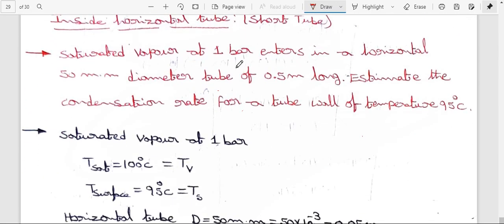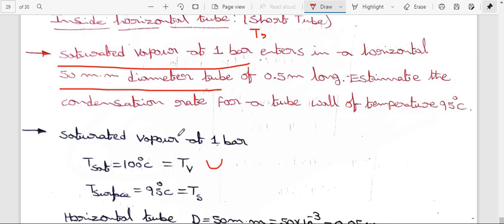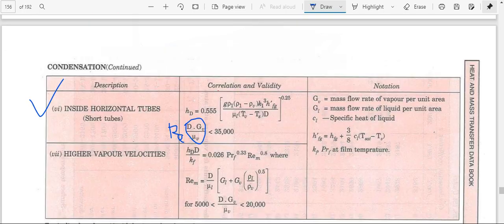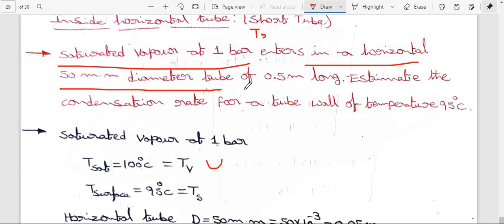Here, saturated vapor at 1 bar. Saturated vapor at 1 bar means T saturation, or vapor temperature, is equal to 100 degrees. Saturated vapor at 1 bar enters a horizontal 50 mm diameter tube. Here, inside the horizontal tube, the tube length is 0.5 meters.